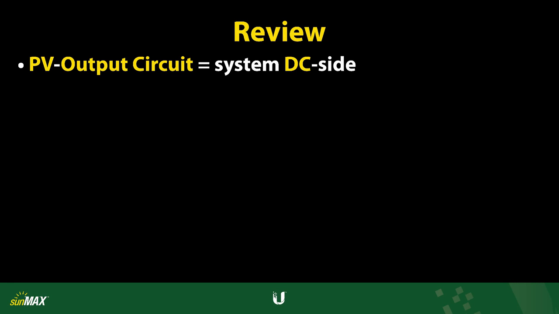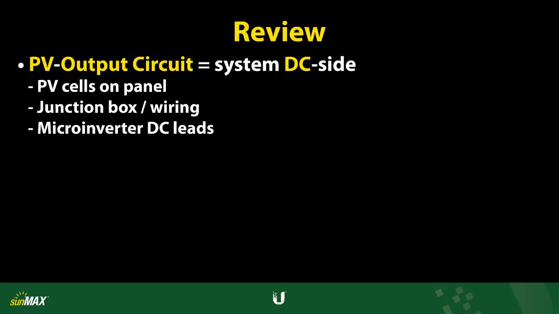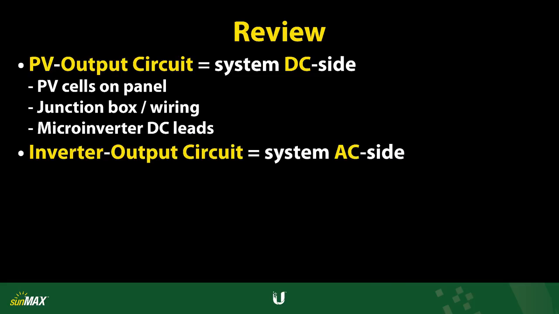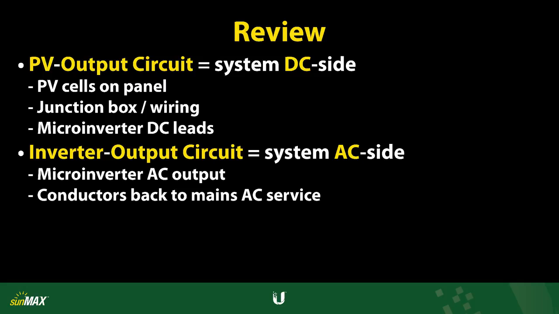To review, the PV output circuit represents the DC side of the system. So for SunMax Residential, this includes PV cells, junction box, and DC leads on the microinverter. The inverter output circuit represents the AC side of the system, which for SunMax Residential includes the AC leads of the microinverter and conductors that tie into the mains AC service equipment.